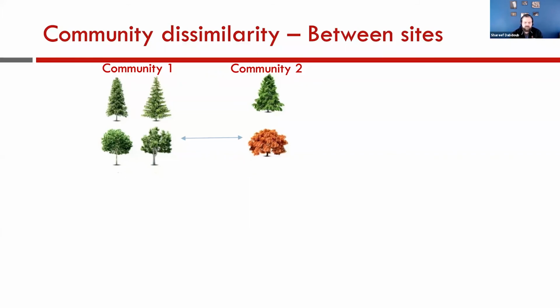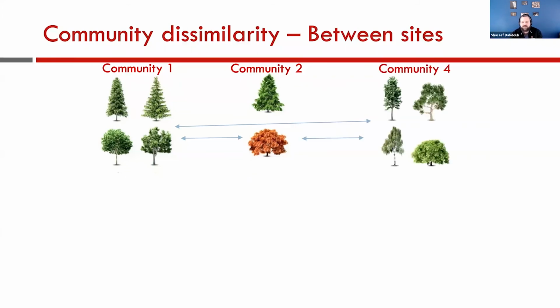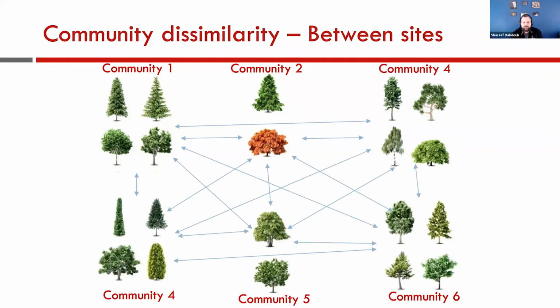In this case, just simplified to use trees because it's easier to visualize. So we've got multiple different communities here. And notice there's some numbering differences here. We've got 6 different communities here. And the arrows here represent the total set of pairwise differences between all of the samples.